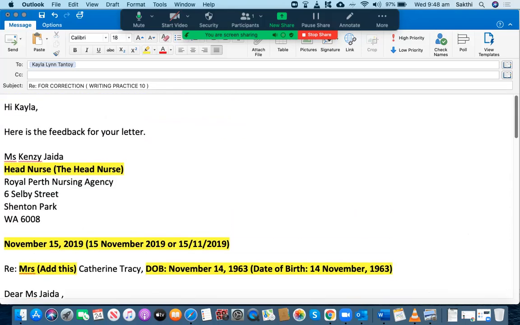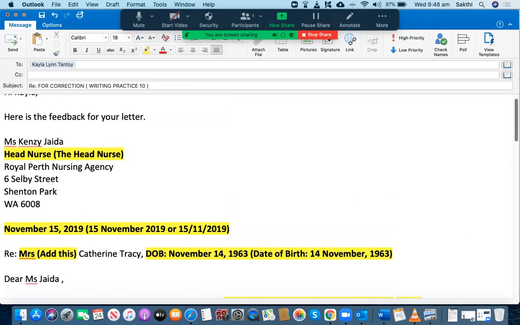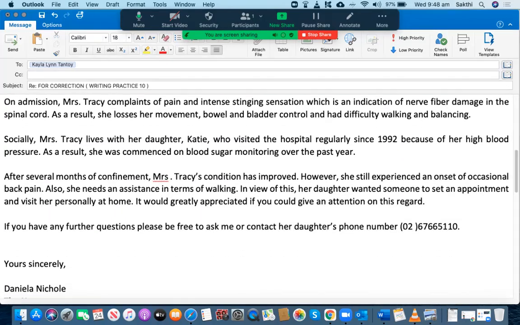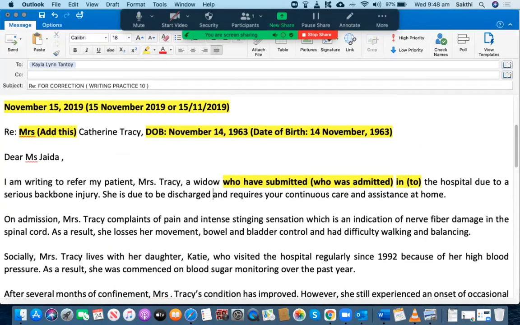If it is today's date, write it down. You can write, "She is going to be discharged today." That could have been added. It's really important that you clearly mention when she is going to be discharged from the hospital so that the addressee knows what to do and when. That is one of the issues in this sentence.